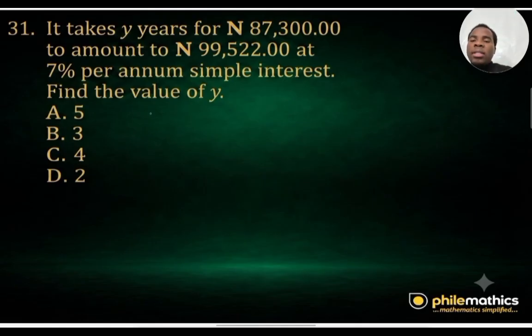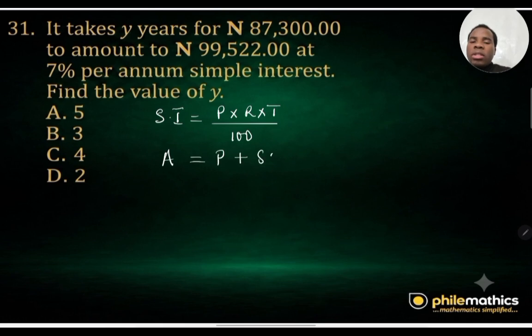We know that the simple interest is the principal times the rate times the time over 100%. And also the amount is the principal plus the interest. So we need to look for what the simple interest is before we can look for what the time is.